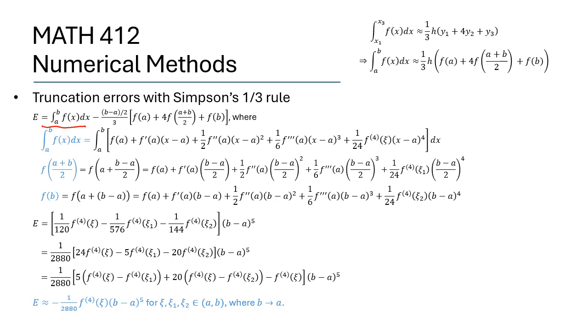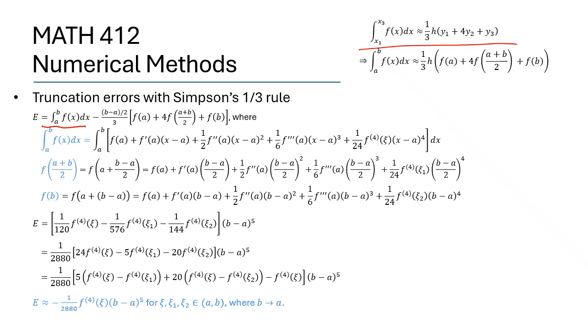Now we have a formula for this one, right? h will be this, and so we have the formula here. I change x1, x3 to a, b because I don't want to type x sub 1, x sub 3. Using a and b is easier to type.